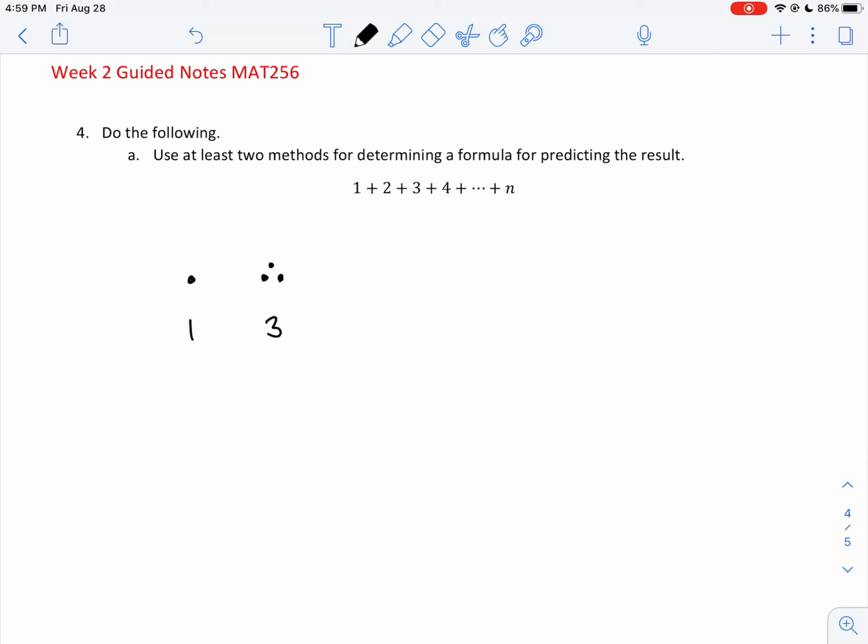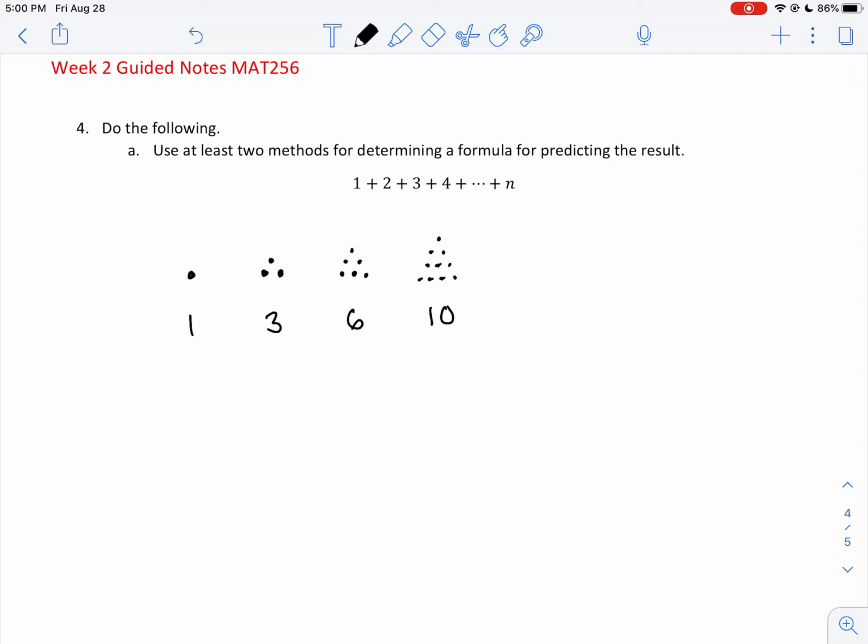Now if I want to represent what 1 plus 2 plus 3 is, there's 3 dots, 2 dots, 1 dot, and you add those together and we get 6. If I keep this up and make a triangle that has 4 levels, this represents 1 plus 2 plus 3 plus 4, and that gives me 10.